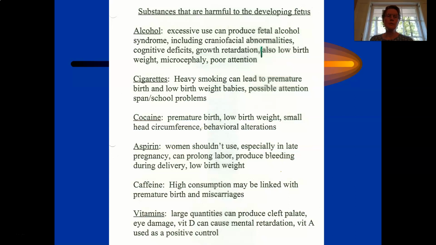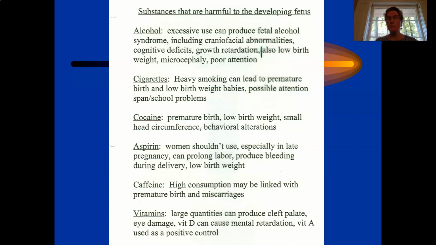And then here are just some different things that can happen with some of the other drugs of abuse. So cigarettes or nicotine inhibits oxygen that gets to the baby. A lot of these growth retardation things are kind of in common for these. Even something like aspirin, a woman should try to avoid that during pregnancy because it can cause some bleeding.